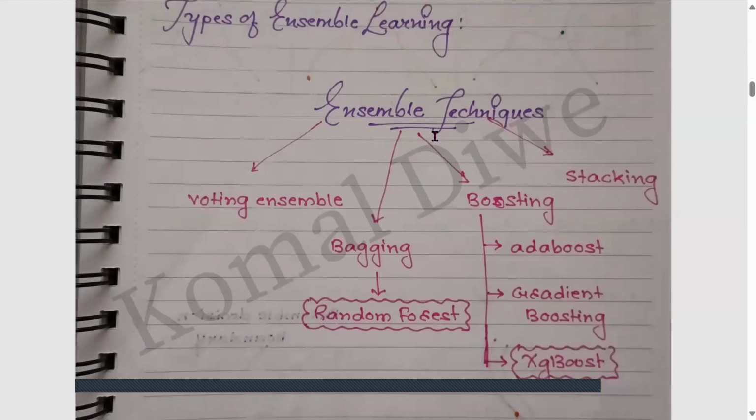Once again: voting ensemble, next bagging, and in bagging we read about random forest. Then next is boosting, in which we read about three: AdaBoost, gradient boosting, and XGBoost. And the next one is stacking.